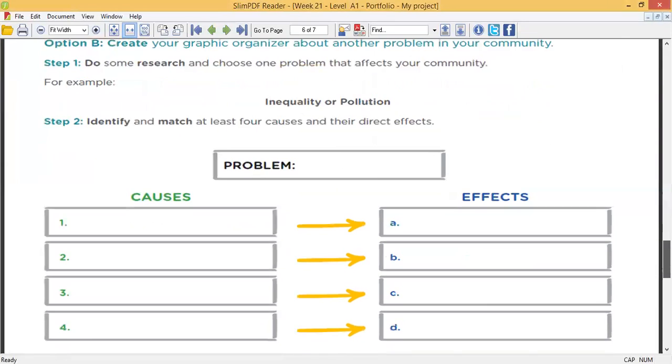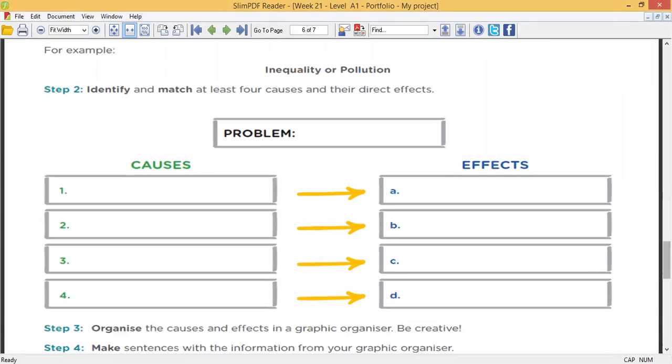Maybe you detect another problem in your community. Maybe you don't want to talk about poverty. Maybe you want to talk about pollution, or the robbery, something that happened in your community or in your neighborhood.